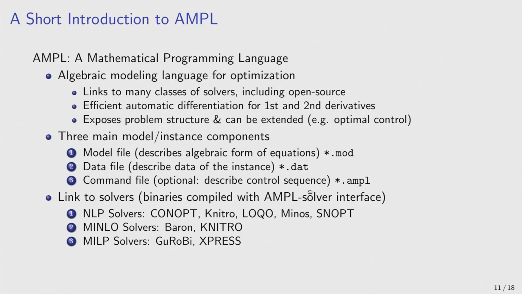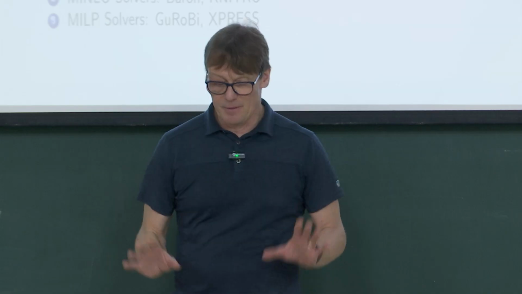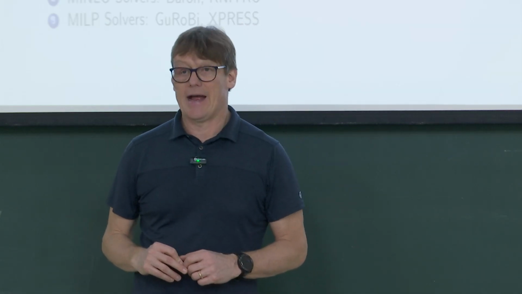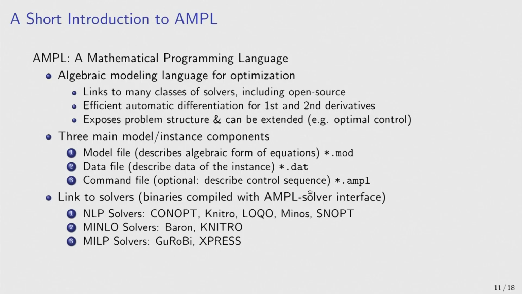It provides efficient first and second derivatives. You don't have to worry about differentiating your functions. AMPL will do that for you, and it's very efficient at doing that. And for people who are developing solvers, if you write your own software and want to try it out, AMPL exposes a lot of structure of the problem to you.